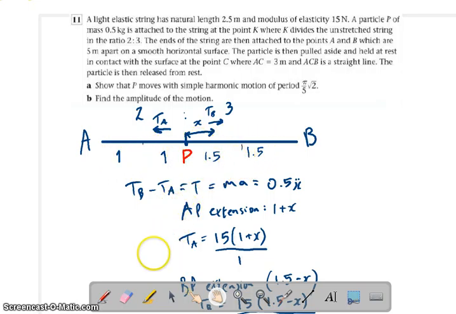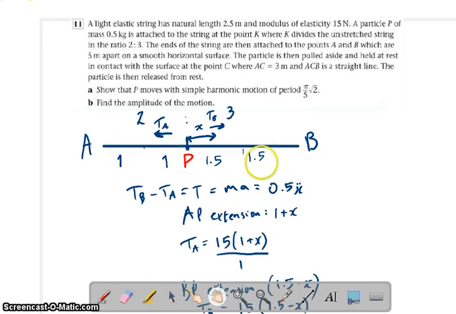The reason is to show the natural length would have been 1 and 1.5. But the string has been extended to 5 meters. Now it'll still be split in the ratio of 2 to 3, so we end up with 2 to 3 for the actual lengths. So we've got an extension of 1 on one side and 1.5 on the other.